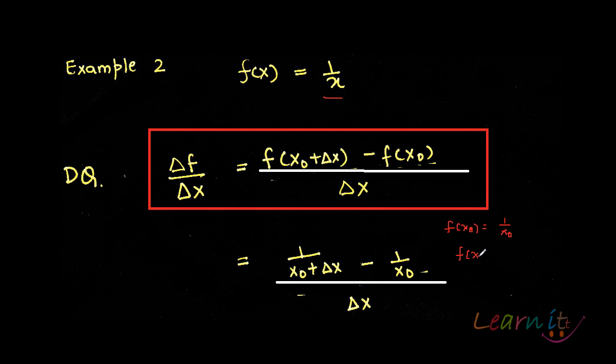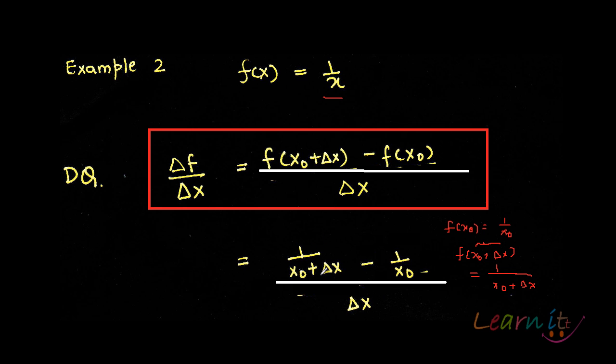F of x naught plus change in x equals 1 upon x naught plus change in x. Whatever is in the input comes out as a reciprocal. That's what the function 1 upon x means.